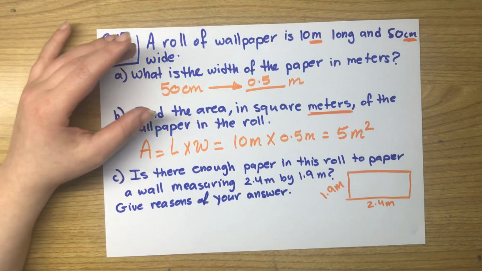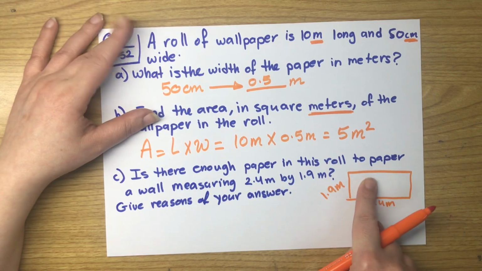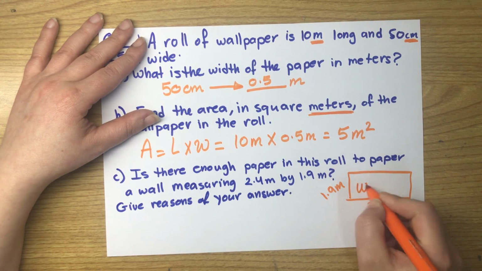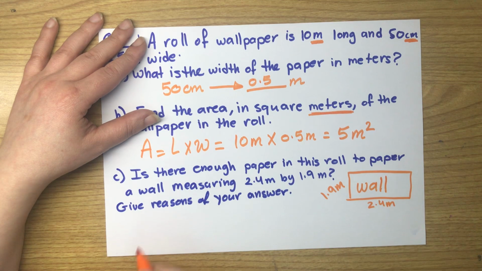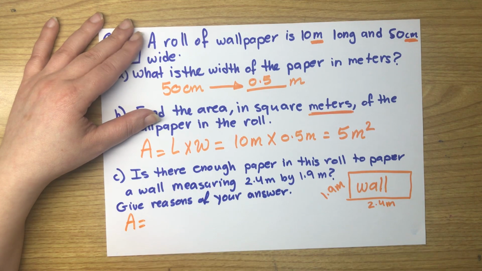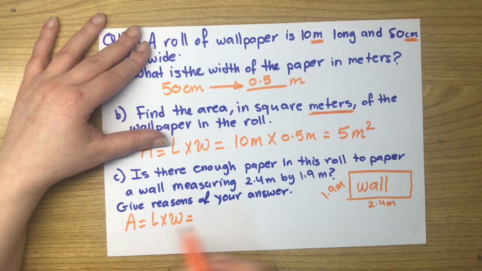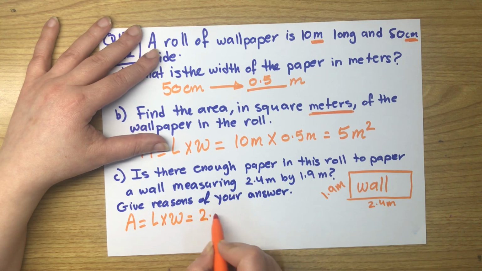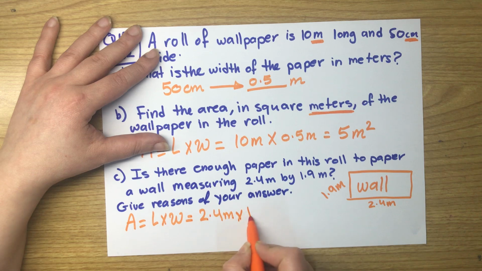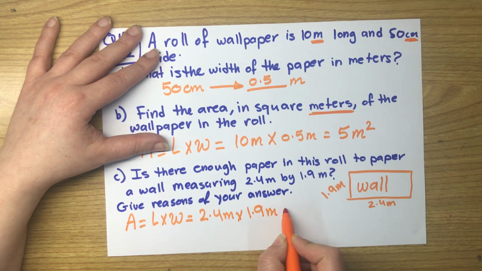Then we have to use what to find the area of this wall. Okay, by area, again, put down the formula, length times width, which equals, the length is 2.4 meters times 1.9 meters.